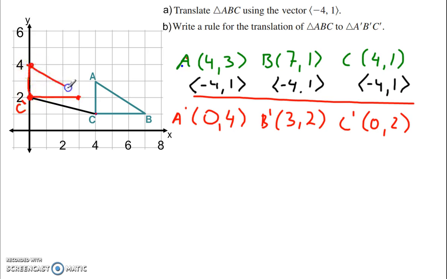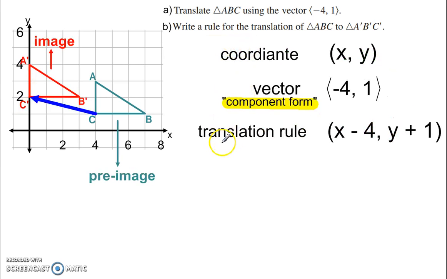We call this the image. The one before the translation is called the pre-image. Now I could write this also in what's called a translation rule. So what we did here, we did x minus 4. So the translation rule, we would write like an ordered pair, and we're saying what happens to all the x values, and then I could just plug those in.